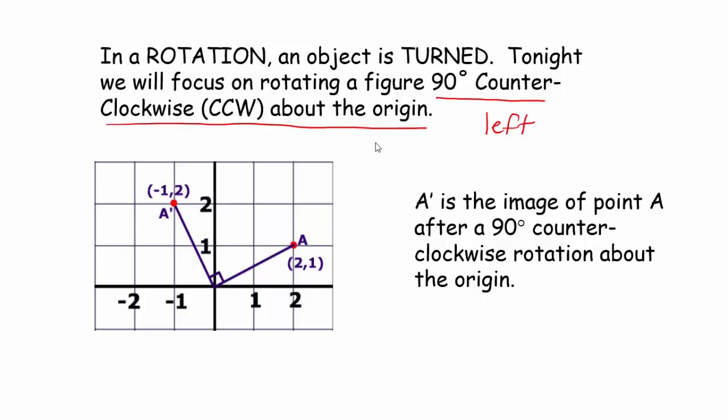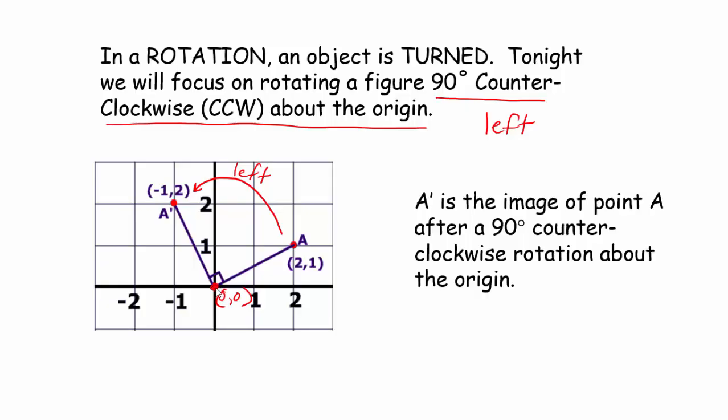And if you remember what we talked about last night with clockwise rotations, all that means is that here at this point 0, 0, if I take a look at point A, which is 2, 1, and then point A prime, which is -1, 2, I am going to be moving that figure counterclockwise or to the left so that my image will be to the left of my original.